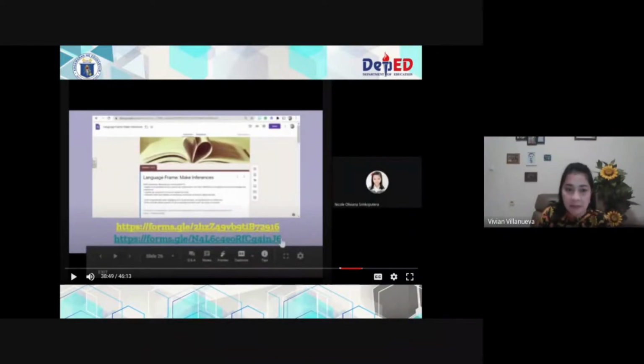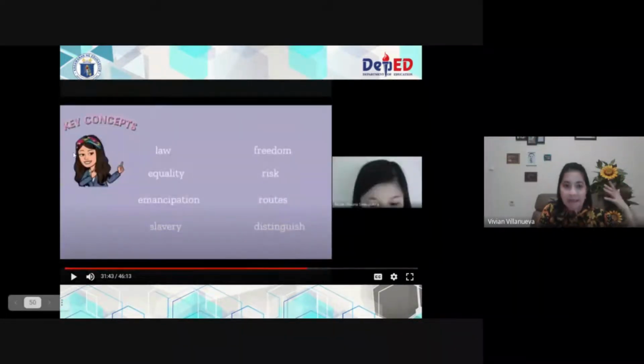And later they would do independent learning. We use the Google form, but they are actually redoing what we've done. Prior to this, I also scaffolded the key concepts, which were introduced to them so that they would understand.